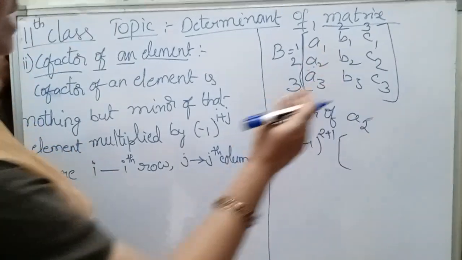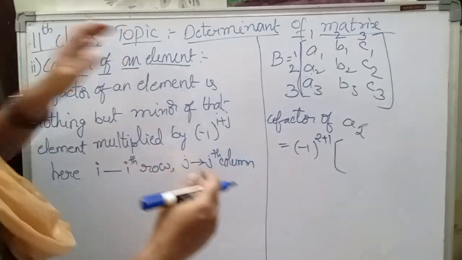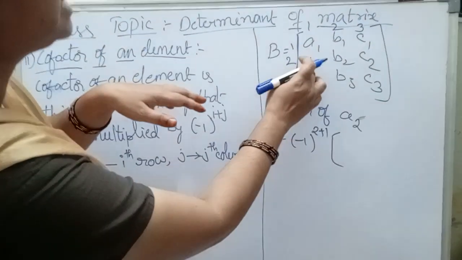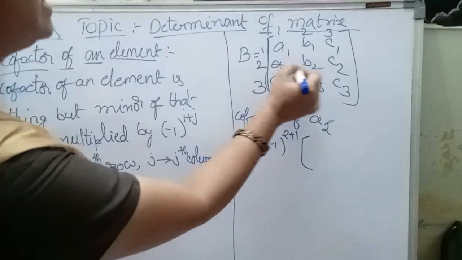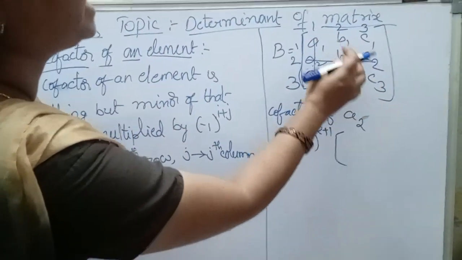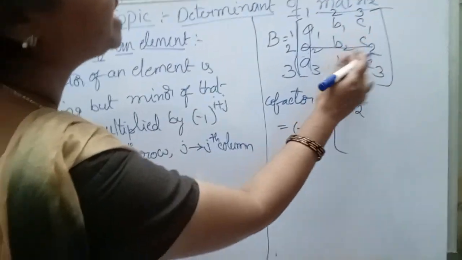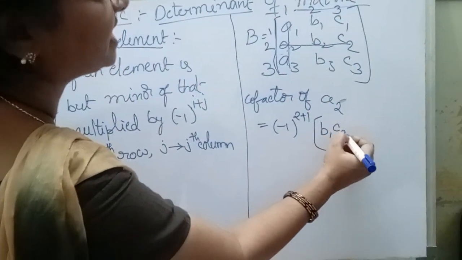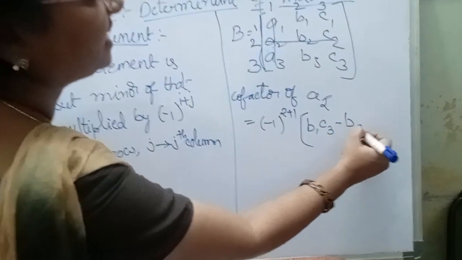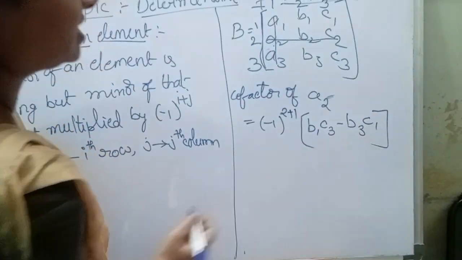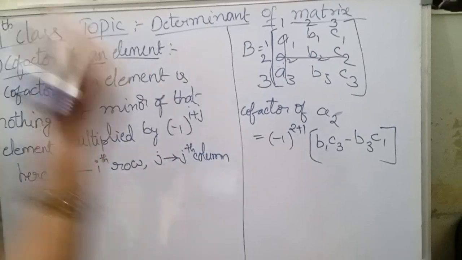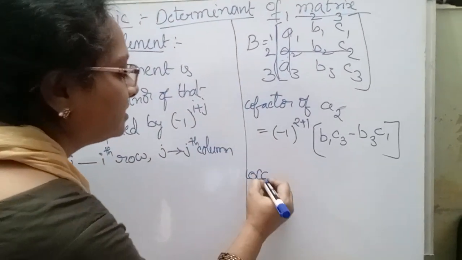Delete its row and column and write the remaining elements: ad minus bc, so b1 c3 minus b3 c1.